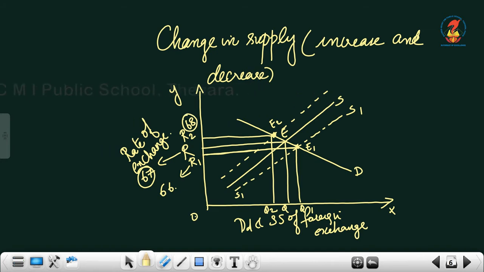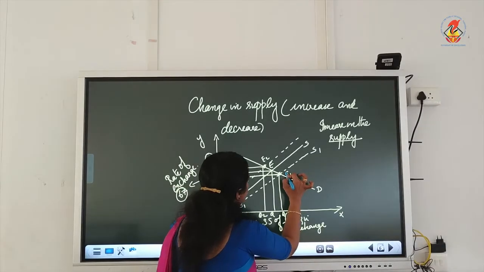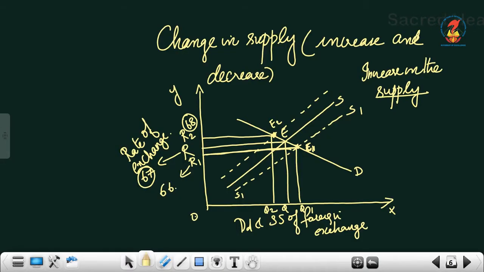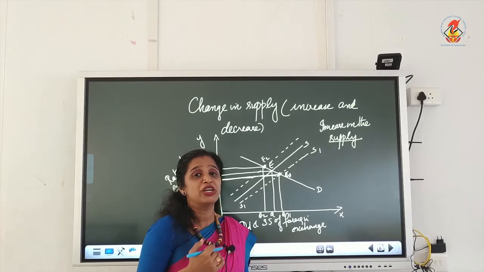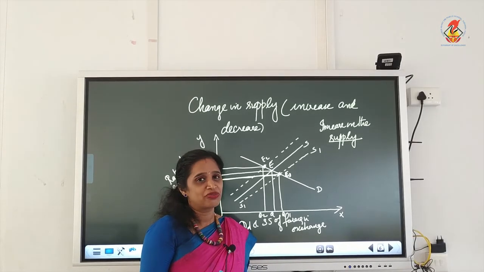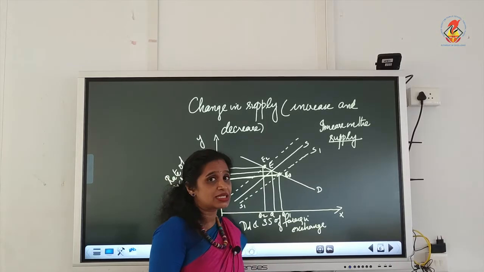So when there is a rightward shift of the supply curve, when there is an increase in the supply, what is happening here? The new equilibrium point is E1 and the rate of exchange has come down. That means previously we had to give rupees 67 for $1 worth of good, but now we are getting $1 worth of good by paying only 66.